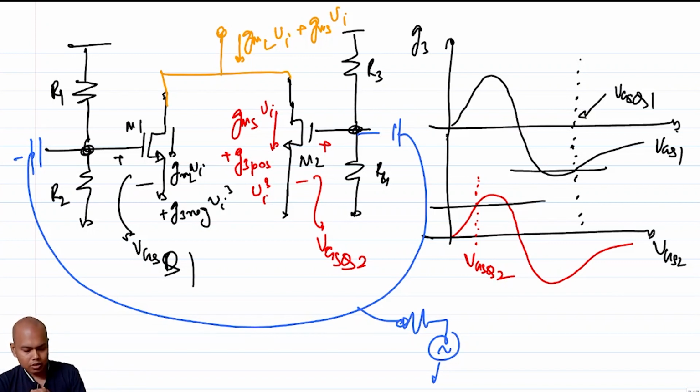So I'll stop the discussion on distortion and LNA here, and given that we are two-thirds through the course, I would like to steer into something else which we have not focused too much on.